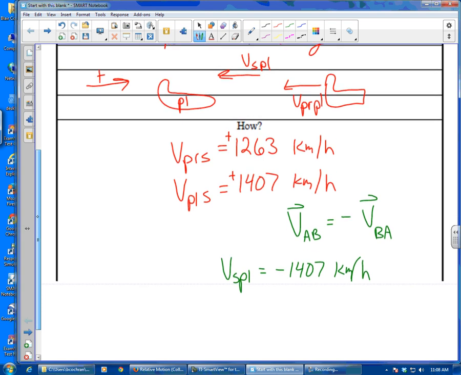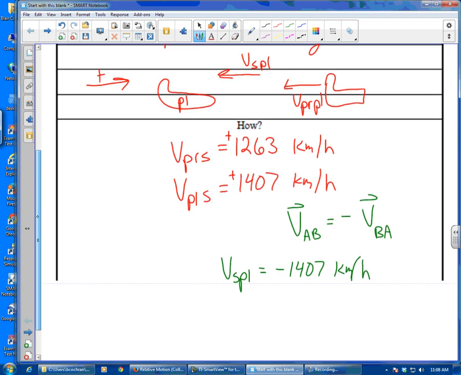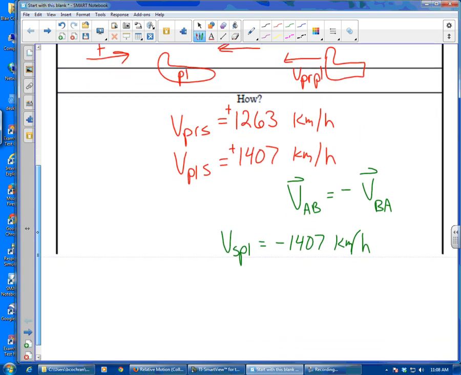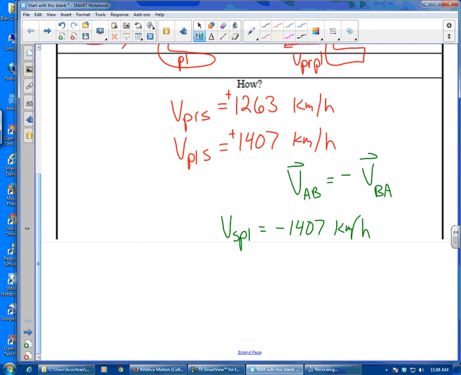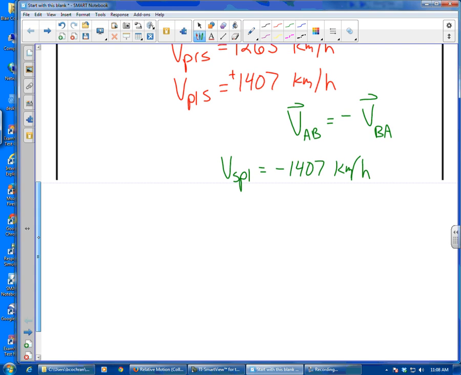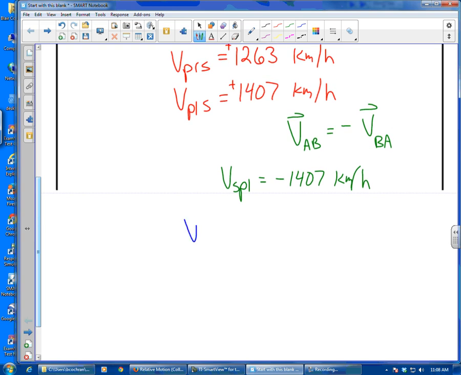I want to know the velocity of the pirates with respect to the police. So I'm going to use my relative motion equation, which says that the velocity of AB plus the velocity of BC equals the velocity of AC. Remember we were doing that the other day, the second day that we were going over stuff, right? Okay.